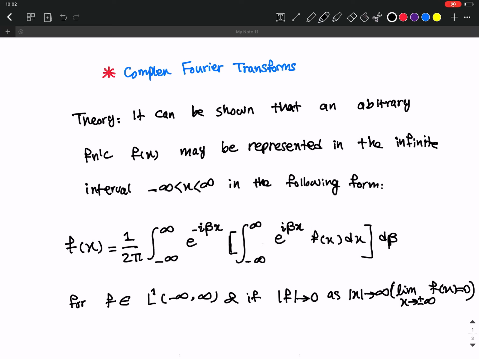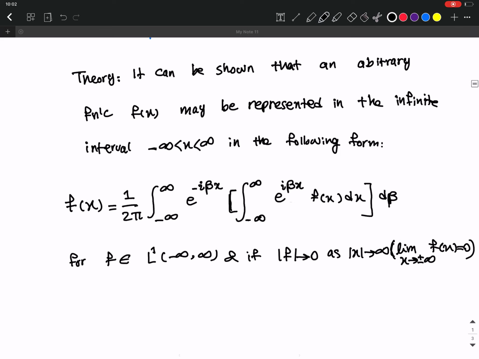So if we have this condition, we can write this kind of formula and represent f based on this formula. Okay, so let me say what does this mean. These are actually two integral transforms and two complex Fourier transforms.